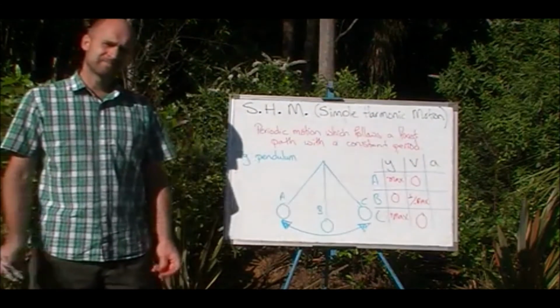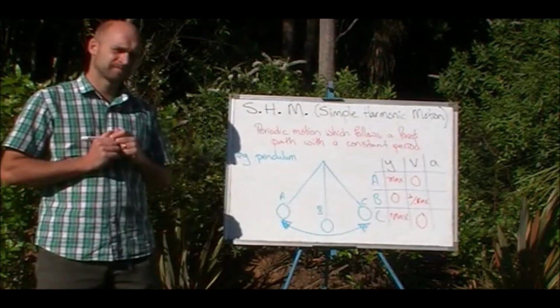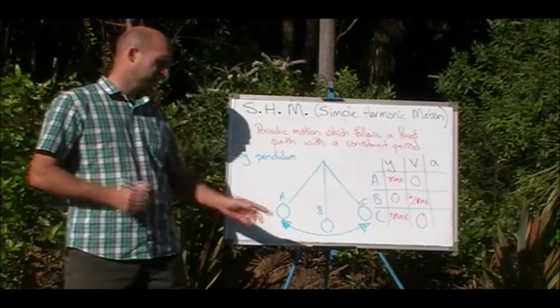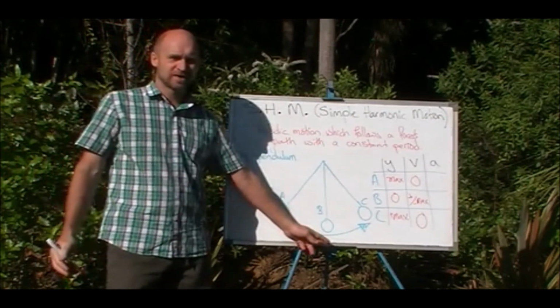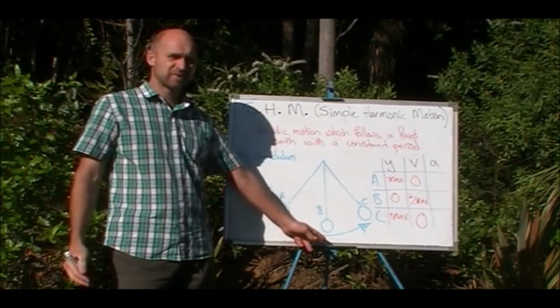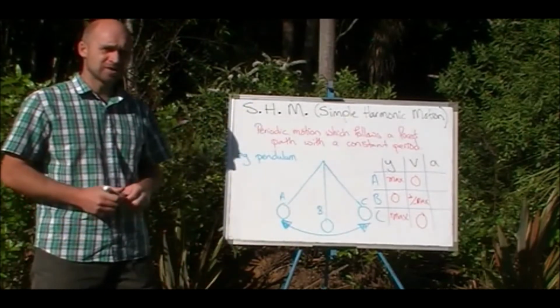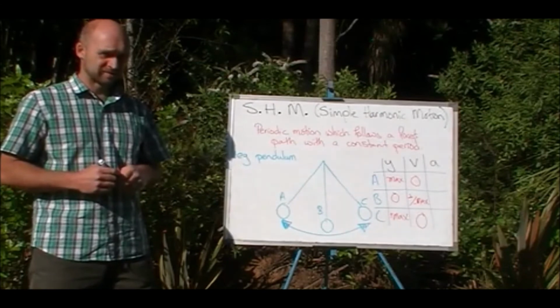And finally, the acceleration. Thinking about position B first, if the swing, or the pendulum, is just at position B, it doesn't tend to move. And that lets us know that its acceleration must be 0.